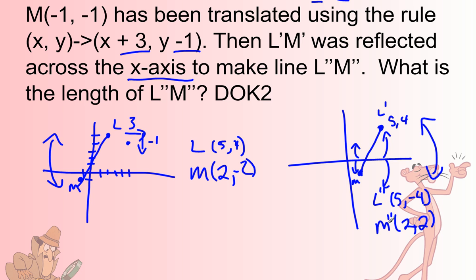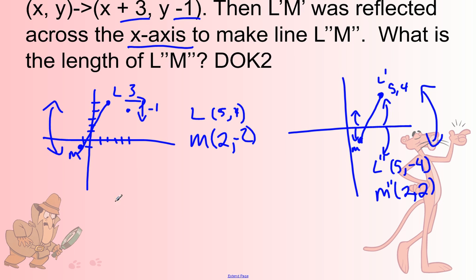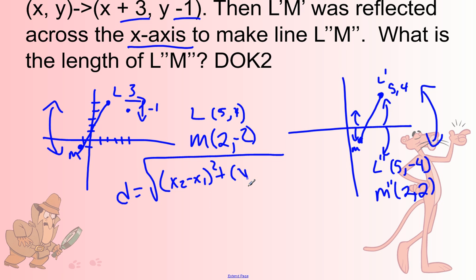Now, it asks what is the length? Well, we can use the distance formula: distance equals the square root of (x2 minus x1) squared plus (y2 minus y1) squared. Plugging in our values, I'm going to use L as my point 1, so x1, y1, x2, y2.